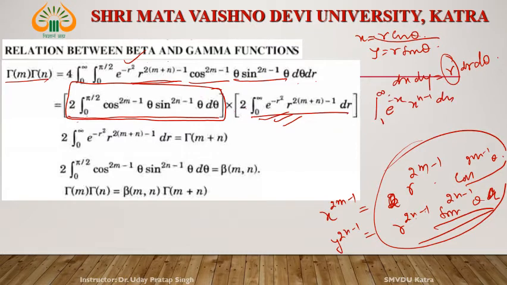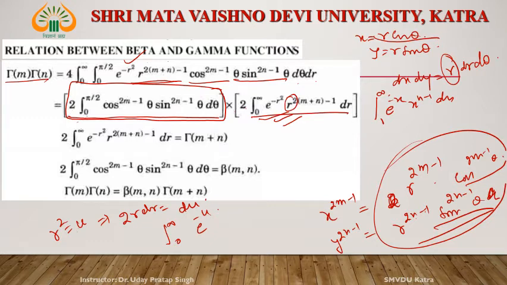So let us assume r square is equal to u. Then 2r dr is equal to du. The limit is 0 to infinity. R square, e to the power minus r square becomes e to the power minus u. R square is u.